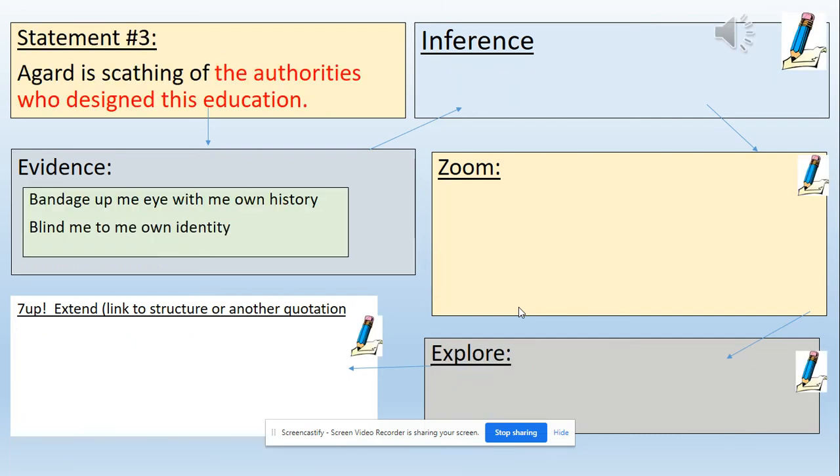Statement 3 hasn't been done at all for you. This is where you've got to go solo. You've got to do it yourself. You can do it. You've looked at that quote, bandage up my eye with my own history, blind me to my own identity, really violent verbs. You've got the alliteration there and the metaphor, lots to talk about how he feels that he's really been stopped from learning about his own culture.